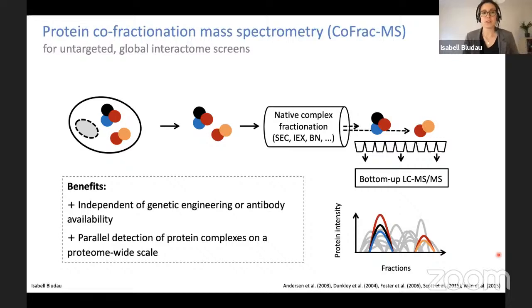Now, the benefits of co-fractionation MS compared to other strategies such as APMS is that it is actually independent of genetic engineering or the availability of antibodies, and it can, in theory, allow the parallel detection of hundreds of protein complexes at the same time.